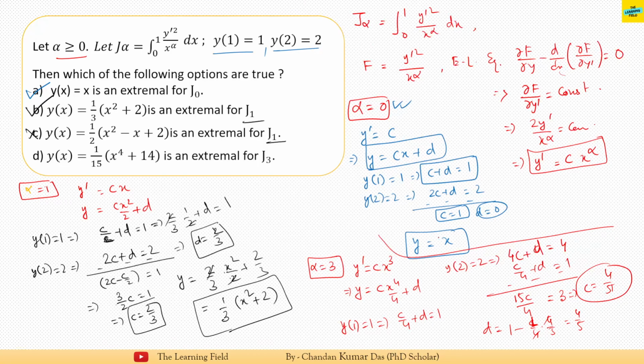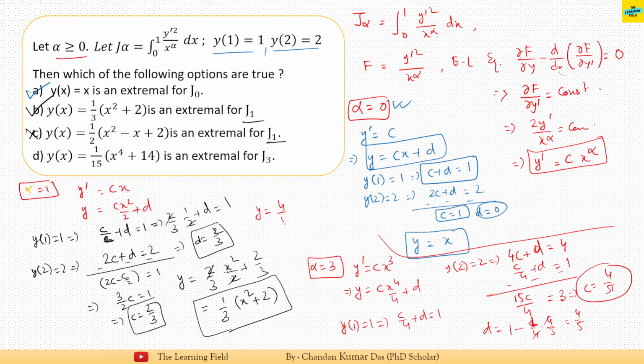Okay, let's see what answer comes. Therefore y equal to what happened? c means 4 by 5.